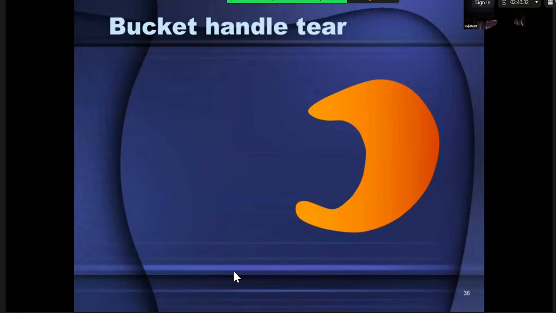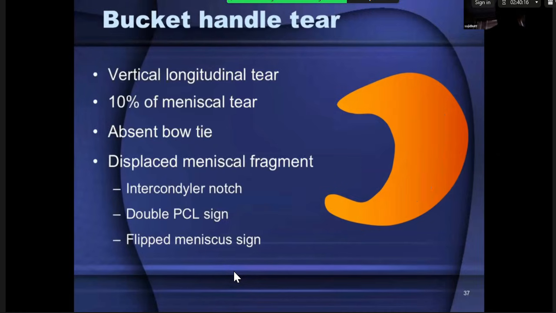However, if you get to a stage when the meniscal tissue is resulting in a loose fragment, like a bucket handle tear, then it has to be excised, because otherwise it will keep on acting as a loose body within the knee and will cause problems.